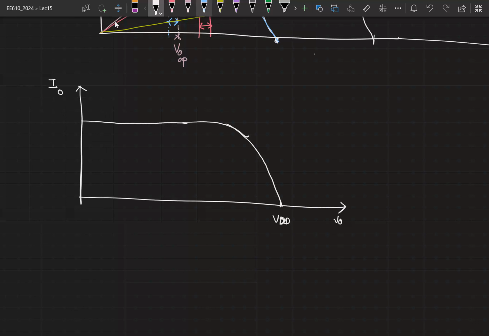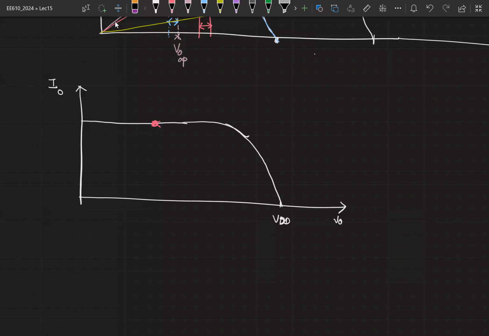So we would ideally like our operating point drain voltage to be somewhere here, well away from the triode region cutoff. So let's say I want to make sure that the operating point drain voltage is here. On top of this, I want to make sure that the slope of the line passing through this is very small, because I want to use a very large R for a very good gain. So let's say I want a slope like this.